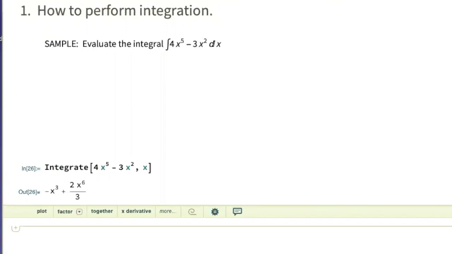One thing you'll notice here on the output is Mathematica does not put a plus C on it, but there really should be one, because if I had a constant on this output function and I took its derivative, that constant would disappear. Here's what I mean.